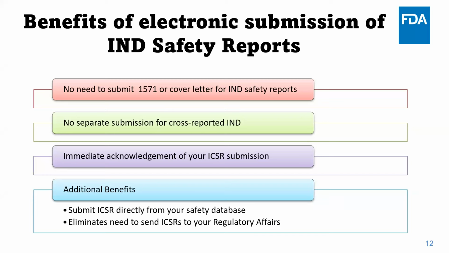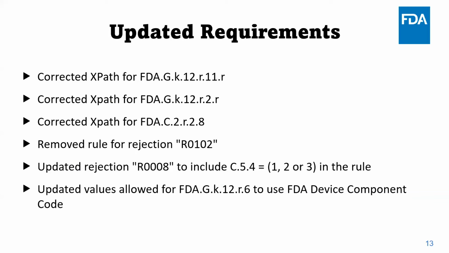And especially if you have things like cross-reported INDs, you now submit one report rather than submitting X number of reports. And of course, all this information that you submit goes to your regulatory affairs, and then you submit it, which is no longer required because this safety data can come directly from your safety database to the gateway or to FAERS.